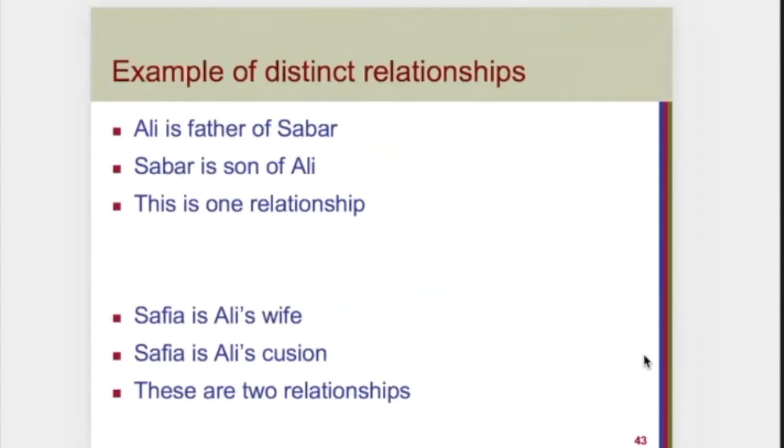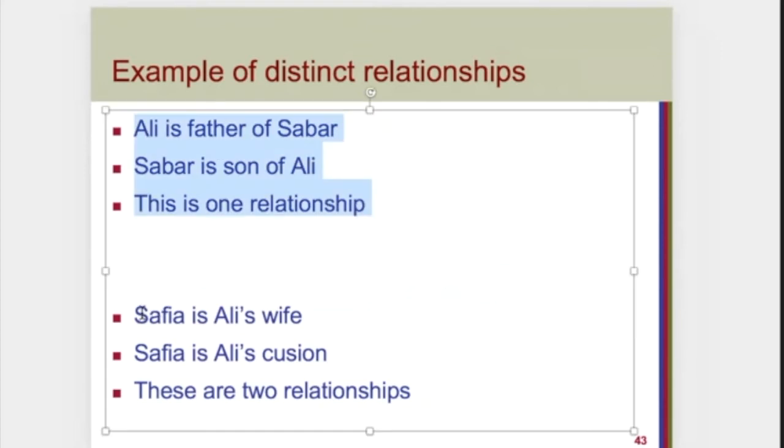To understand it, see these two examples. This is example number 1 and this is example number 2. First example: I say Ali is father of Sabir. If I say Ali is father of Sabir, or I say Sabir is son of Ali, this means the same thing. I just go from left to right or right to left, only the direction is changed, the relationship is the same. So this is one relationship.